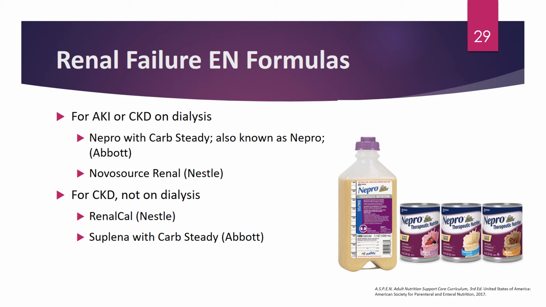These are typically indicated for patients with AKI or CKD who are on dialysis. Now, for the patients who have CKD who are not on dialysis yet, you may use Renal Cal or Suplena with Carb Steady. These formulas have lower amounts of protein associated with them.